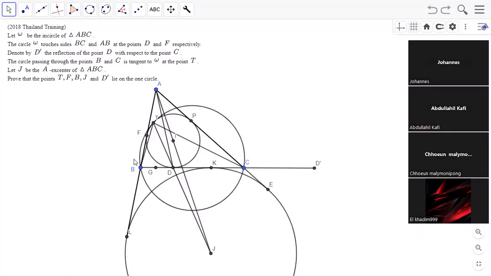Maybe not, but that would. Okay, so we want to show DF is parallel to BJ then. They're both perpendicular to BI. Oh yeah, okay. So then that does it. Okay, so TFBJ we know is cyclic. We just want to show that D prime lies on it.